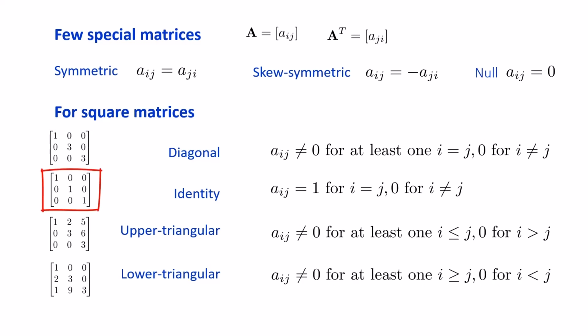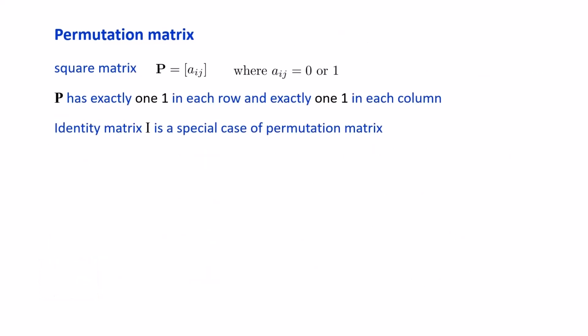The identity or unit matrix is a special kind of diagonal matrix where all the diagonal elements are 1. In upper triangular matrix, all elements below or left of the diagonal are 0, while in the lower triangular matrix, all the elements above or right of the diagonal are 0.